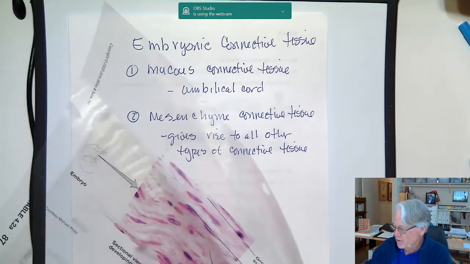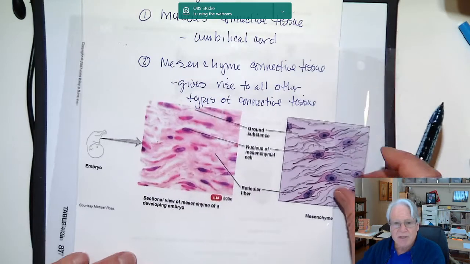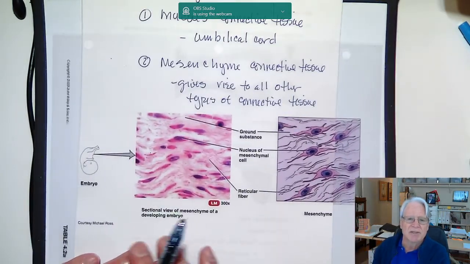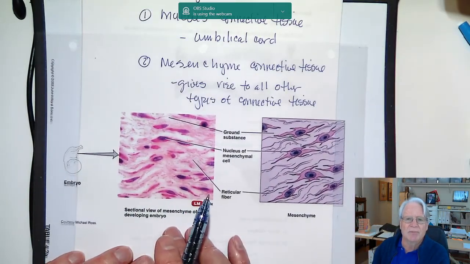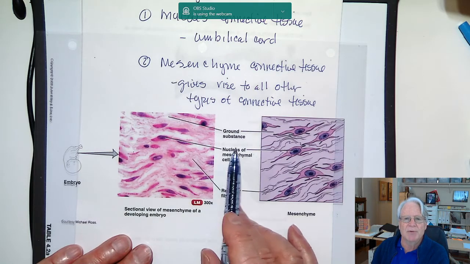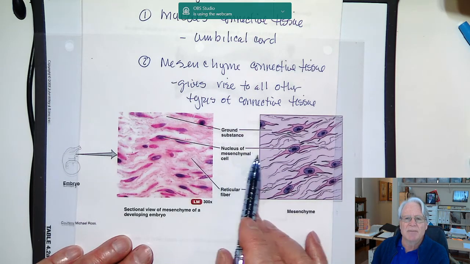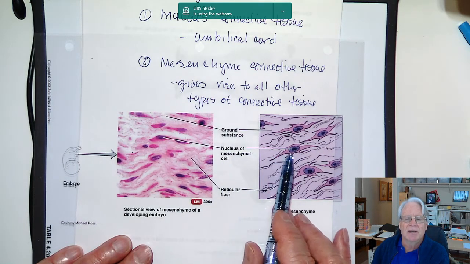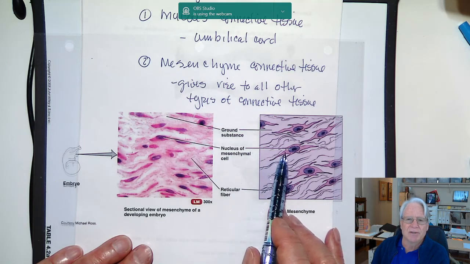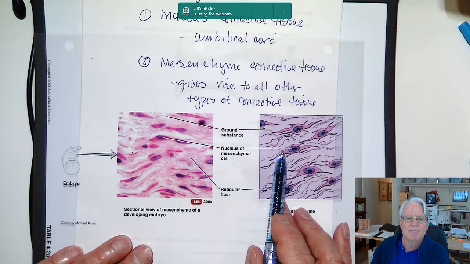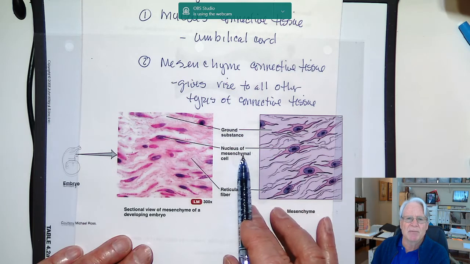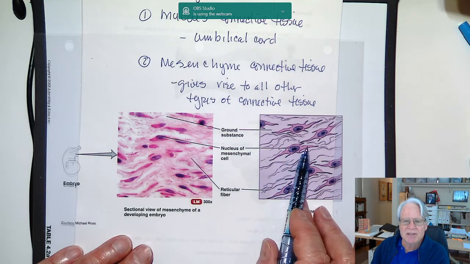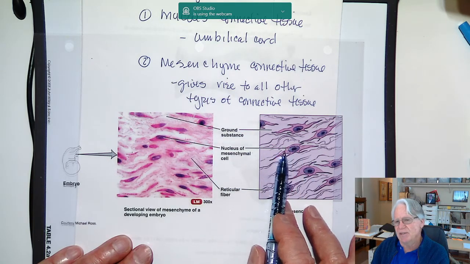And so let's take a look at that picture. So here it is, mesenchyme, and we've got reticular fibers, ground substance, and the mesenchymal cells. Okay, so notice we're not talking about fibroblast. We're talking about a mesenchymal cell. So think of this as a stem cell.